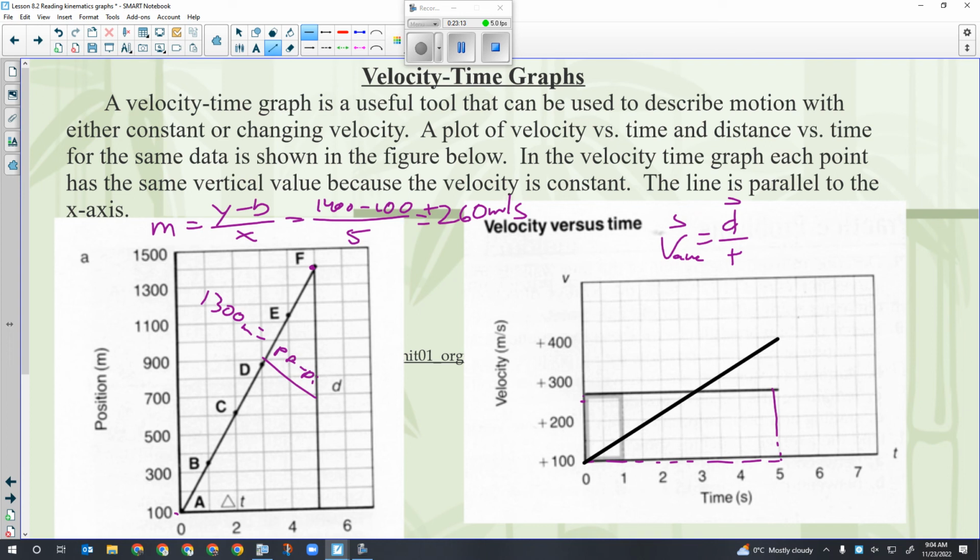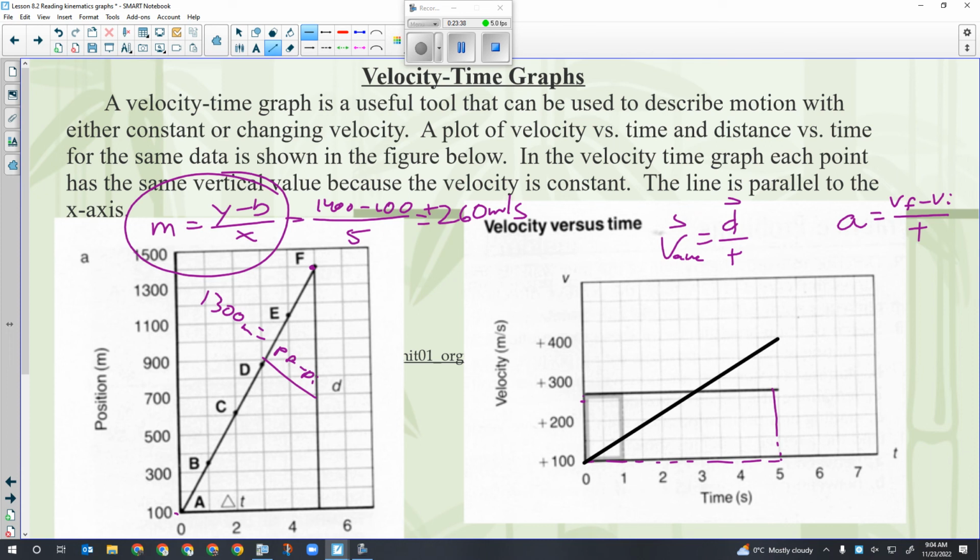All right, so what we're going to be looking at coming up here is that acceleration is (vf minus vi) over t. Does that look a lot like this? Because it is. Acceleration is the slope of that graph.